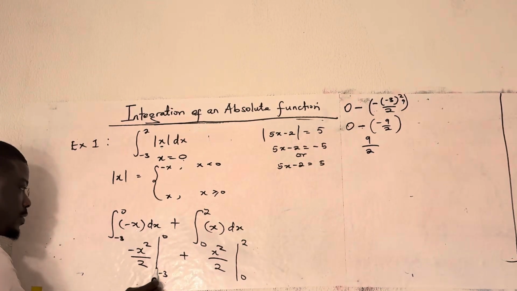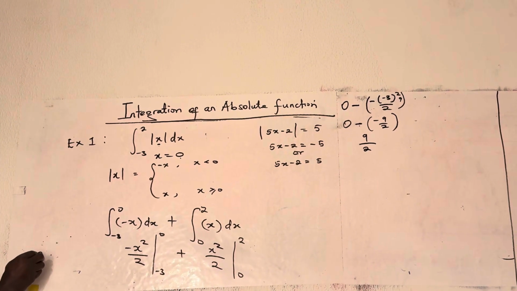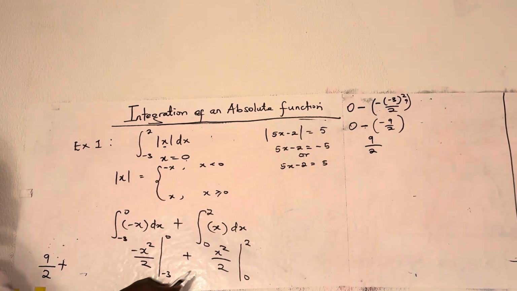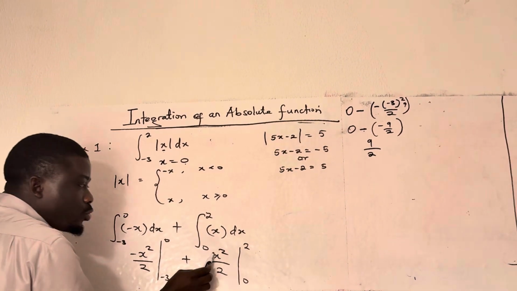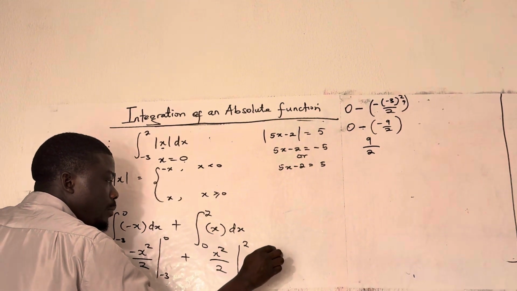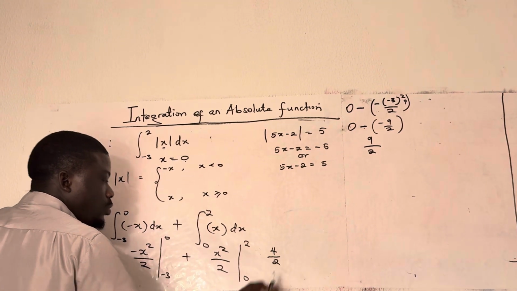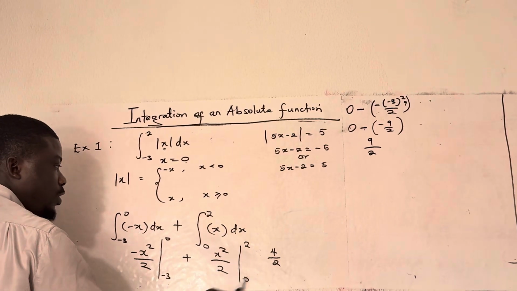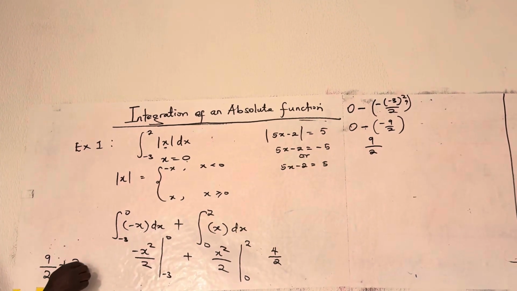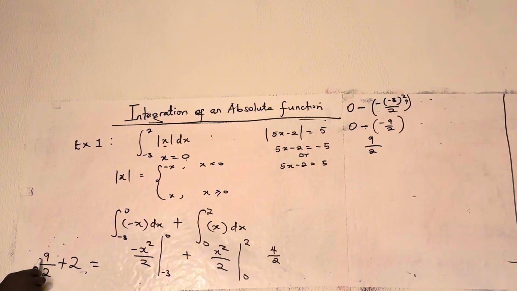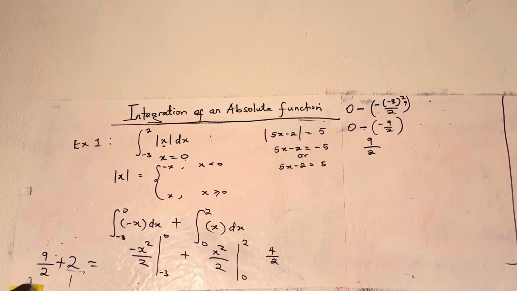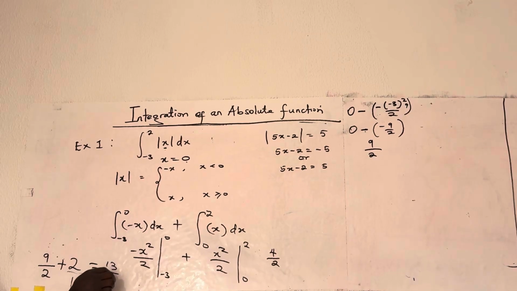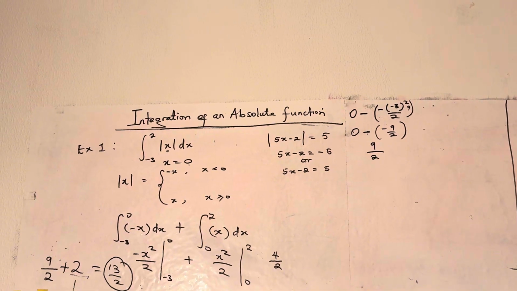Plus, when you put 2 here, you have 4 divided by 2, and when you put 0, everything will be 0. So this gives us 4 divided by 2, which is 2. From your primary level, we know 9 divided by 2 plus 2 will give us 13 over 2. So that's our final answer.